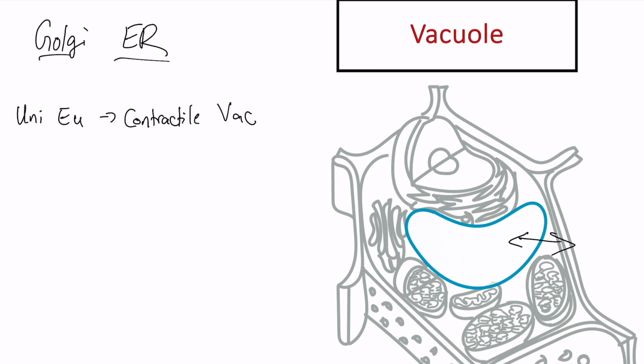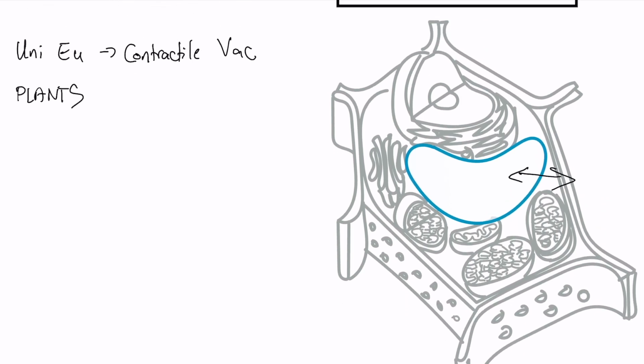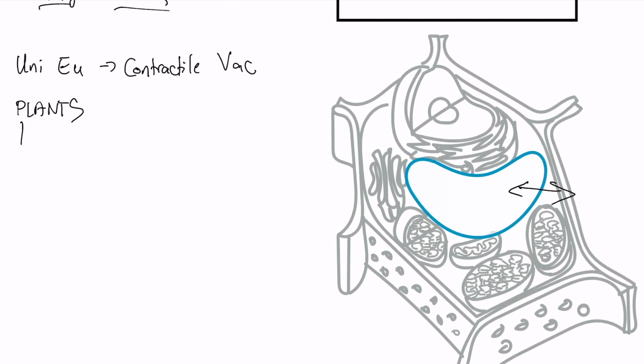In plants, you can have a large central vacuole, and it can be involved in storing organic compounds for energy. So you may store in the vacuole compounds for energy, so we'll just say storage, possibly for energy.